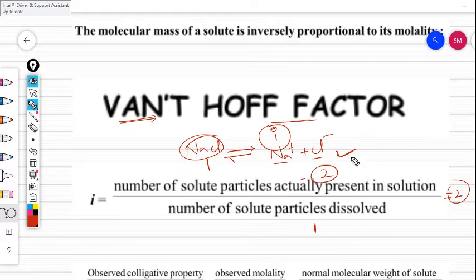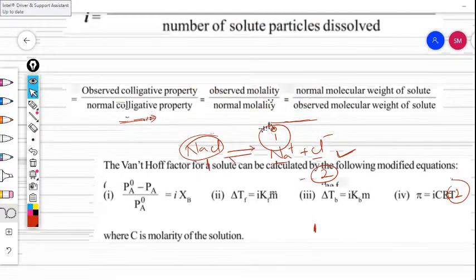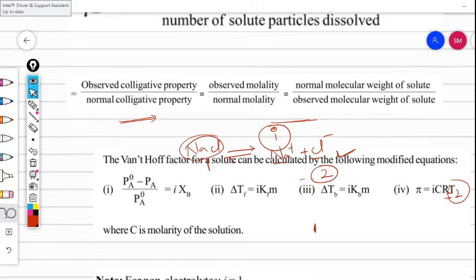If you multiply the colligative properties with the Van't Hoff factor, it is going to give exact values. In other terms, the Van't Hoff factor can also be expressed as the observed colligative property, meaning actual colligative property, by the theoretical or normal colligative property. Or you can also take observed molality by the normal molality.